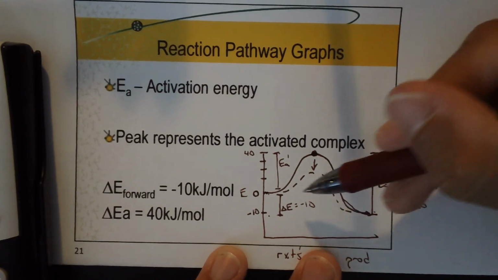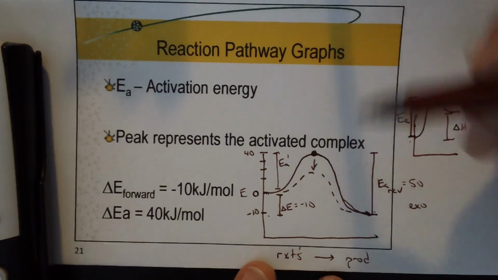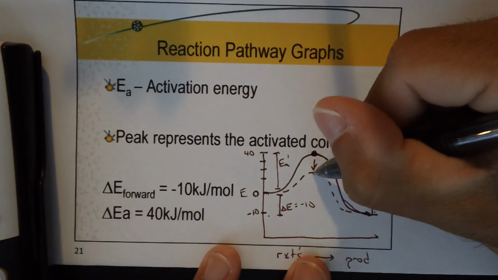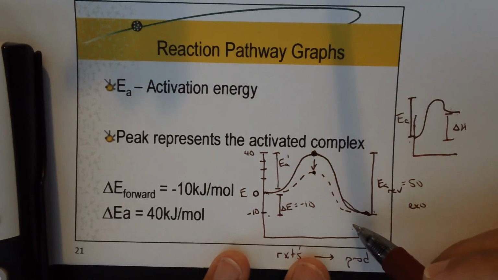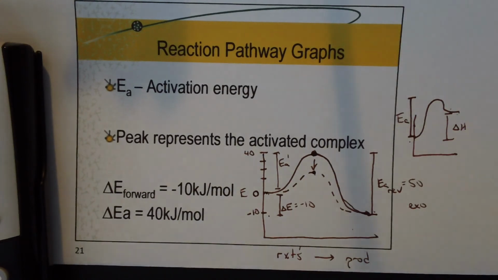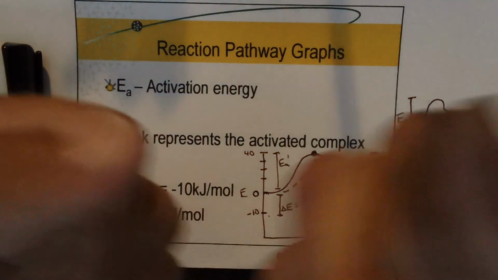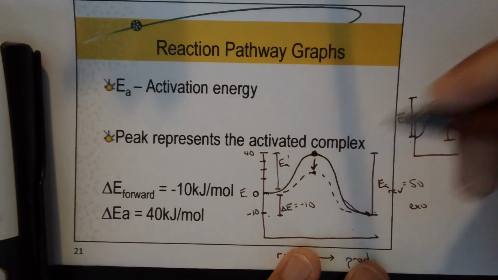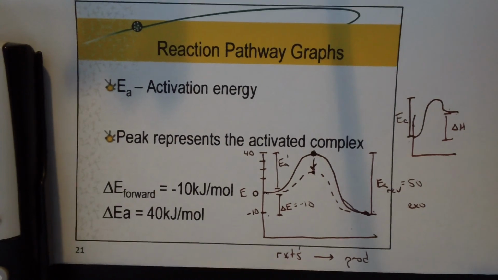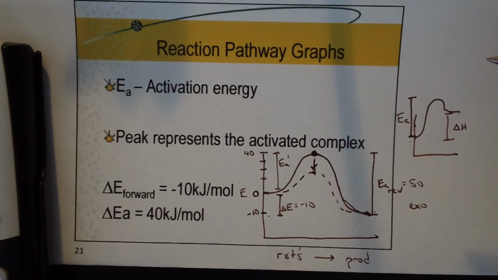So the dotted line serves as my catalyst. What does that mean? It means those collisions need less energy to react. So the reason that the reaction speeds up is because more of the time things are colliding, they're colliding with enough energy to reach that activated complex because we've lowered it.